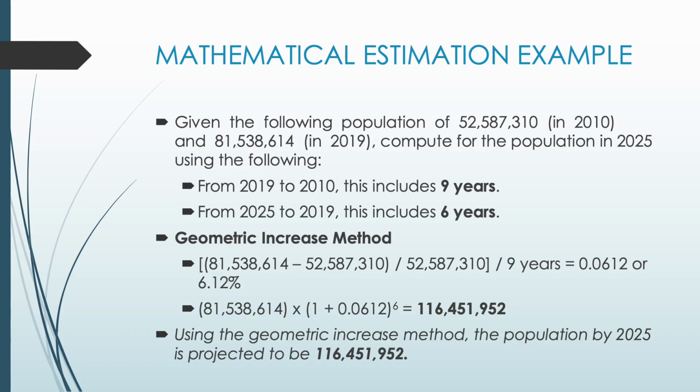So again, we start with the 2019 population times 1, which is a constant, plus the decimal form of the rate increase we computed, raised to the 6th power, which is the interval between 2019 and 2025. And we get 116,451,952, and it is the projected population by 2025 using the geometric increase method.